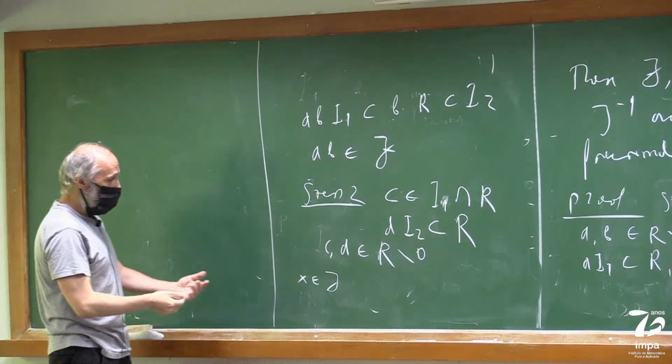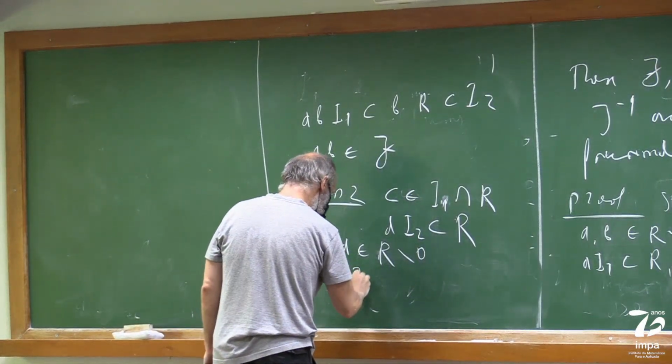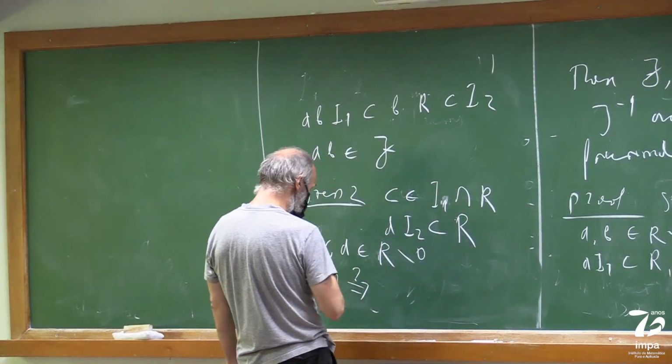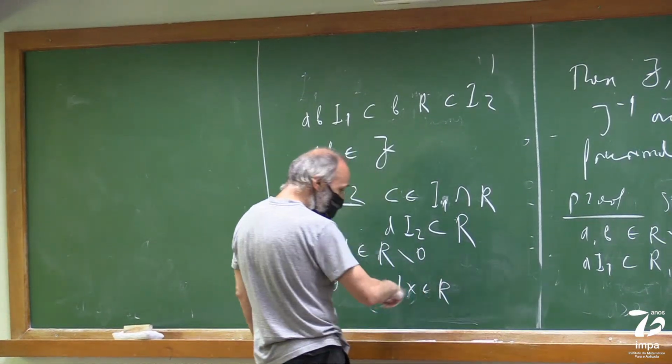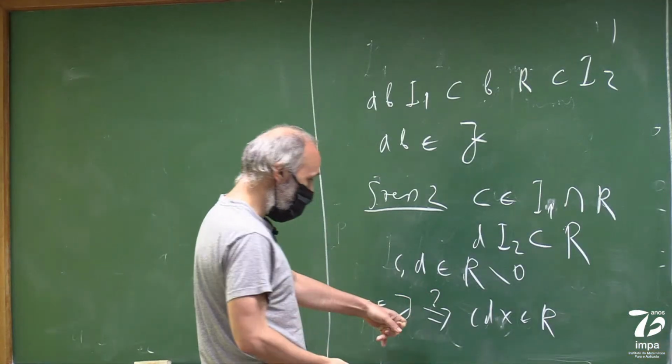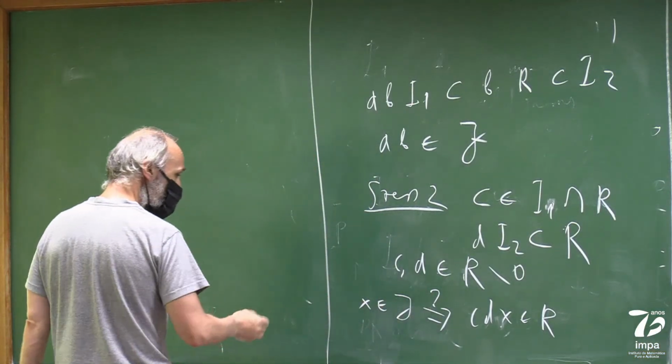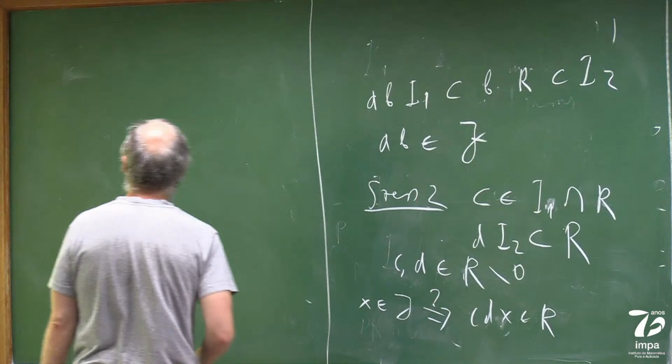I want to prove it, that CDX is in R. If I prove that, then J is a fractional ideal, right? Because X is arbitrary.